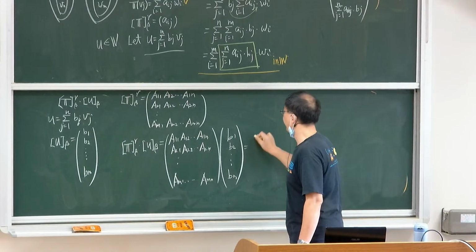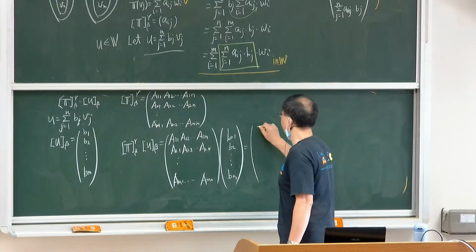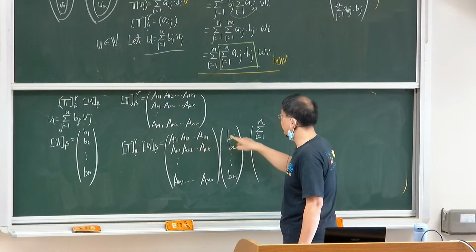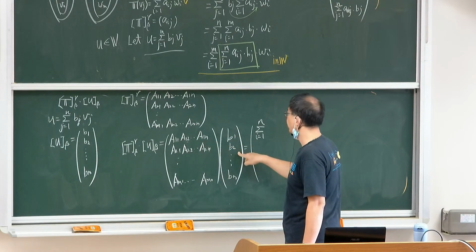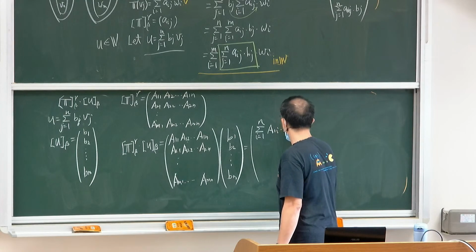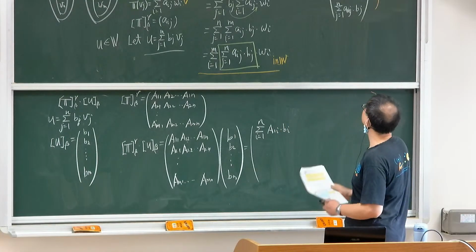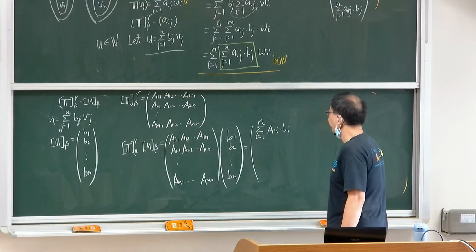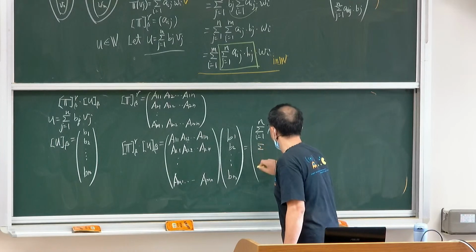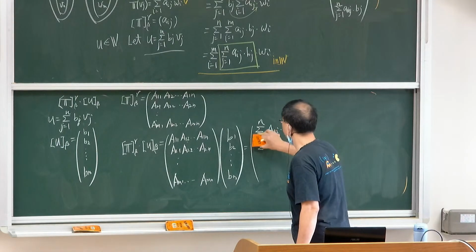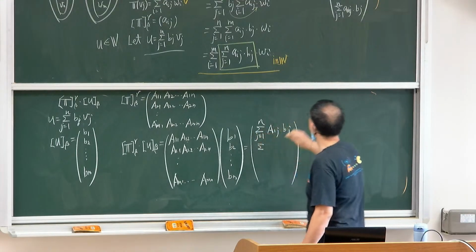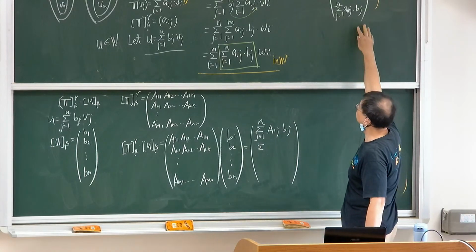So now what can I get? I can get the summation i equals 1 to n, A11 times B1, A12 times B2, so I have A1i times Bi. And then I have a summation, or maybe I just change the variable to j to make it consistent with this one.